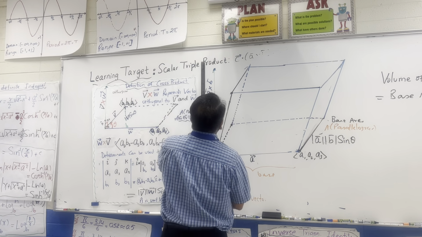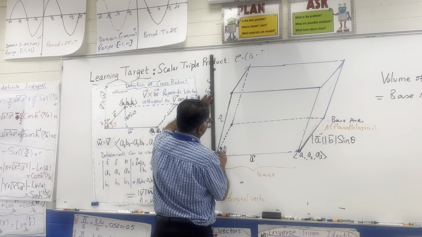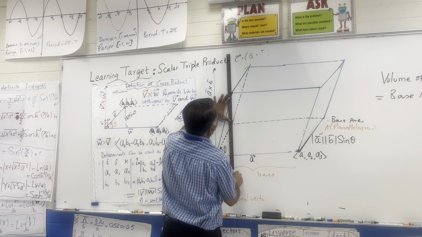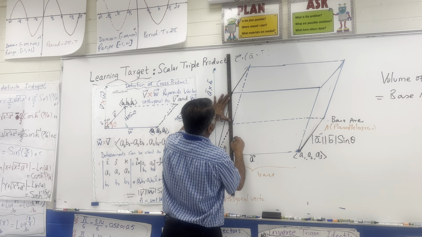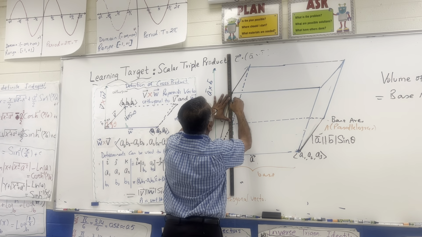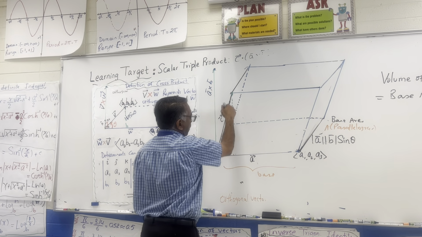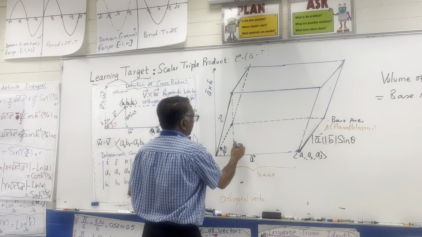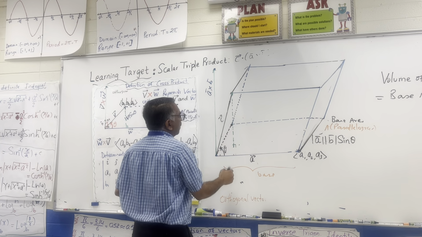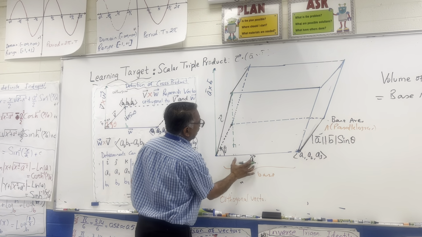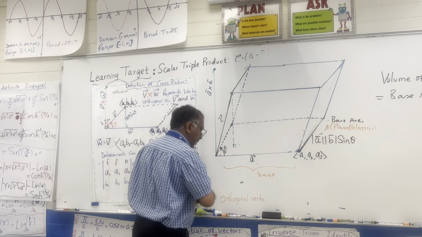For this, now this one is the main A cross B vector. So from here, I'm going to draw a perpendicular. From this point you're drawing a perpendicular, 90 degrees. And remember, when you drop a perpendicular onto the plane of A and B, which we don't see, there is a vector B bar here.